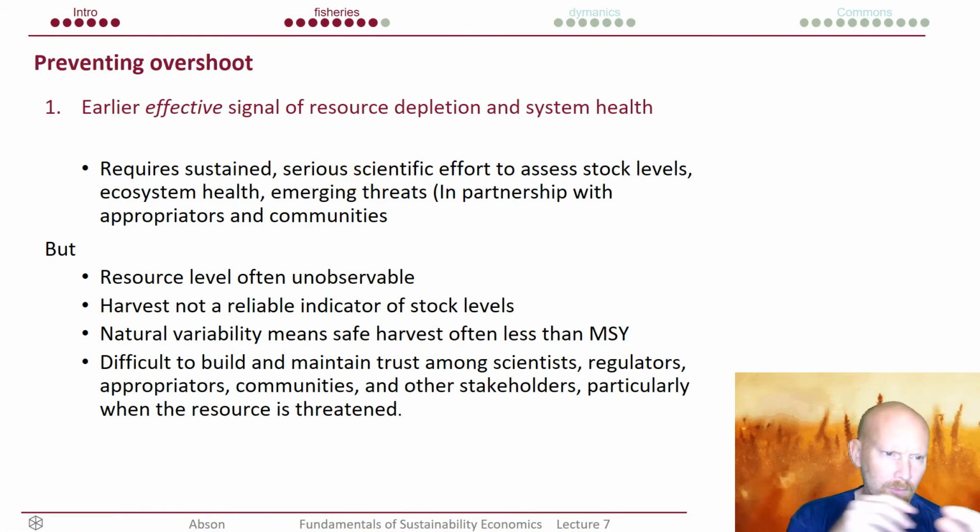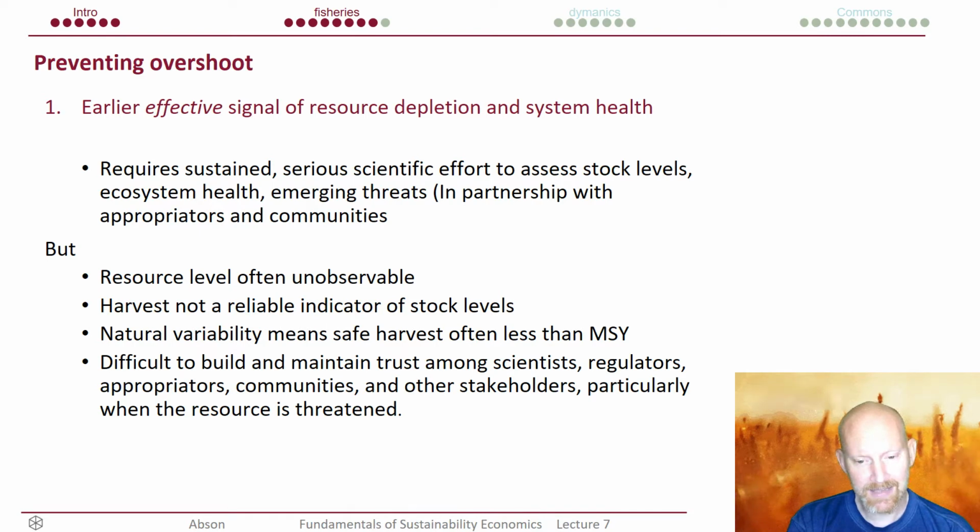So we know in general how to prevent overshoot. You need an early and effective signal of resource depletion and system health. Again, one of the things I would say is you cannot get that from just counting how many fish are caught on your boat each year.